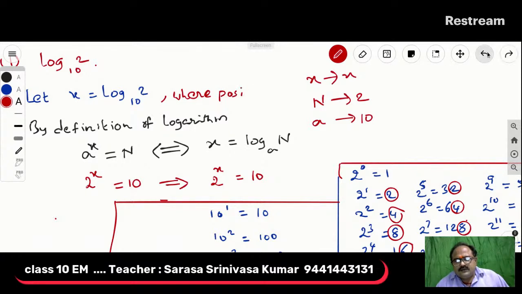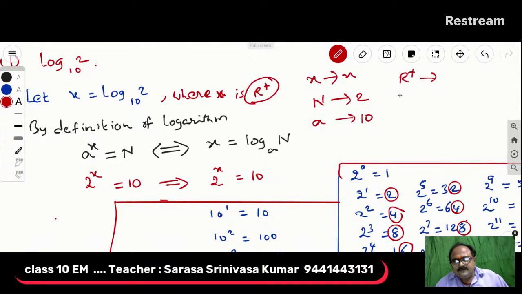In other words, we can write x belongs to R plus.